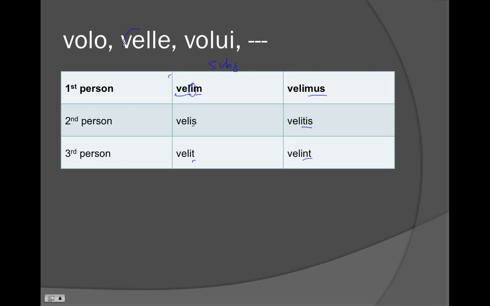Just to note, the imperfect subjunctive is completely regular based on this infinitive: velem, veles, velet, and so on. The imperfect indicative, just to show you that this in fact is a third conjugation verb: volebam, volebas, volebat, volebamus, volebatus, volebant.